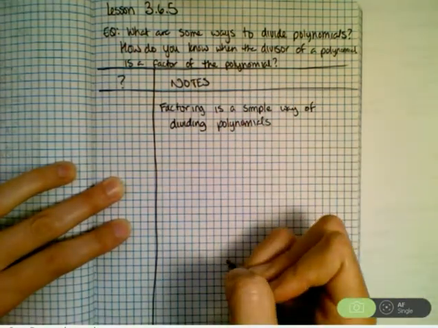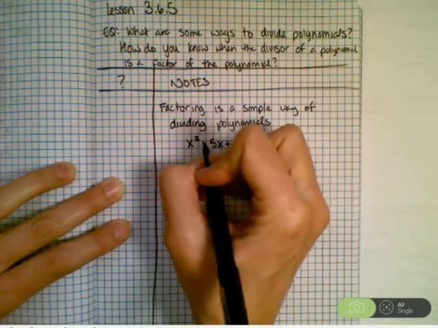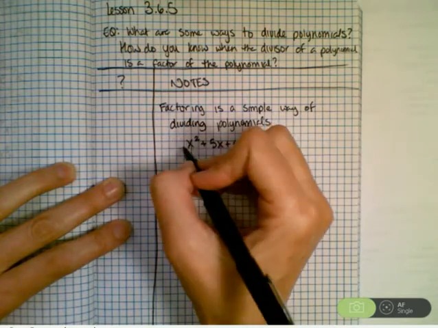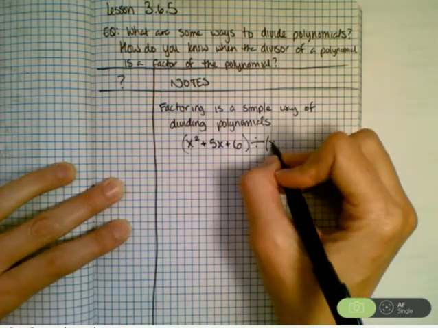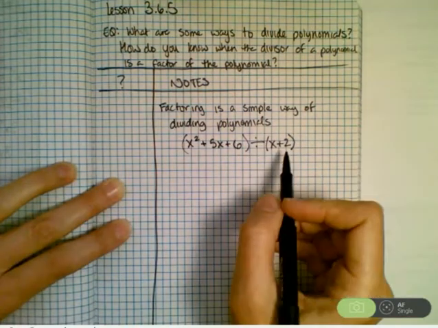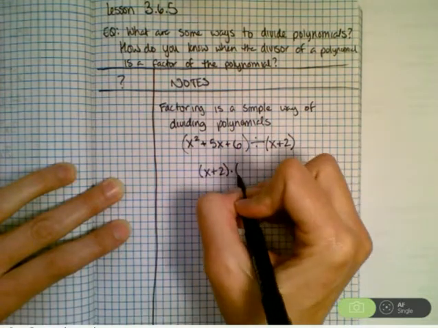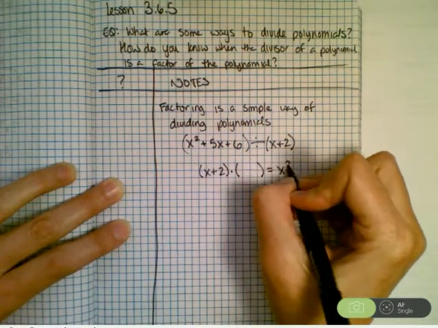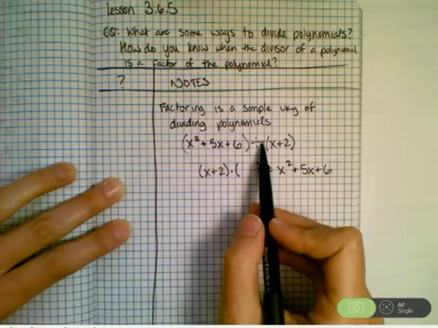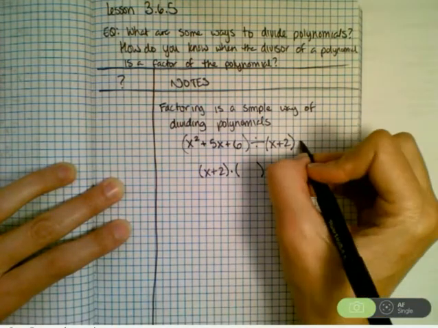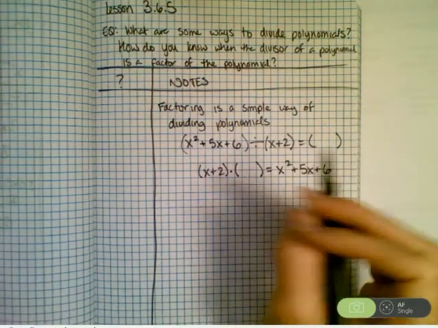If you have something like x squared plus 5x plus 6 and you wanted to divide that by x plus 2, what you're really looking at is x plus 2 times something else that gives you back x squared plus 5x plus 6, because division is undoing multiplication. Whatever this is equal to is going to be the same thing that goes in that set of parentheses.